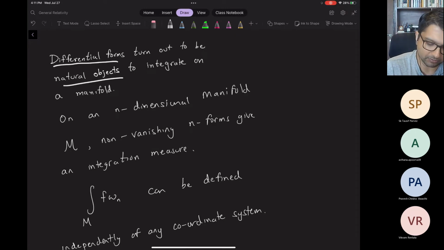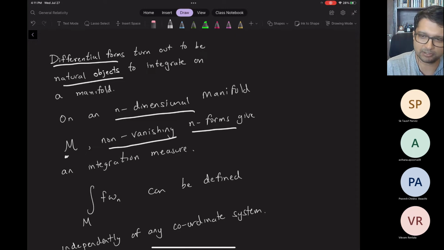Roughly speaking, these differential forms give us, on an n-dimensional manifold M, non-vanishing n-forms. That is, a rank n form will give us an integration measure. So basically I will integrate this function f along with some integration measure, and the correct integration measure turns out to be an n-form.